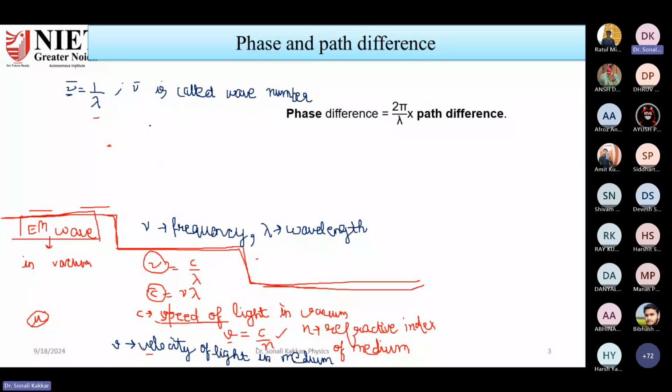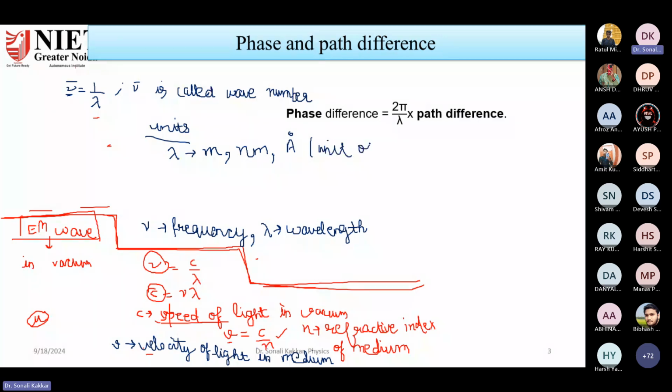What about units? For lambda, what are the units you generally take? Meter. Yes, it's units of length: meter, nanometer, angstrom. That is unit of length.